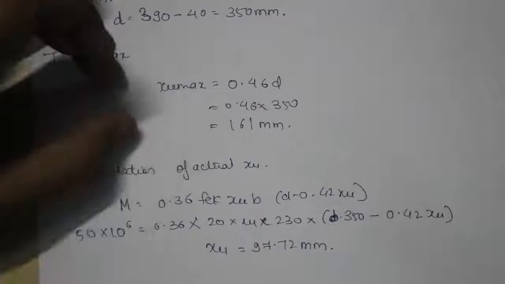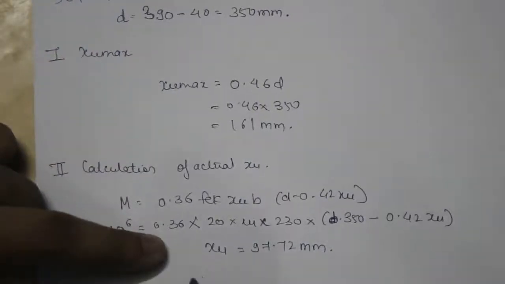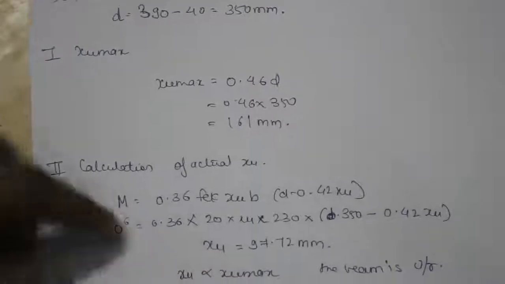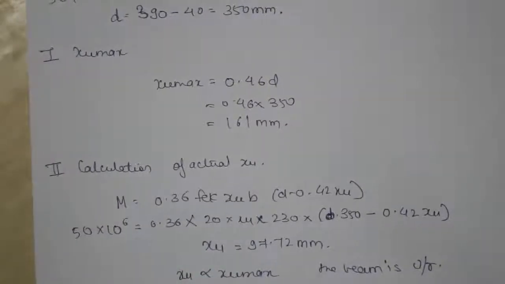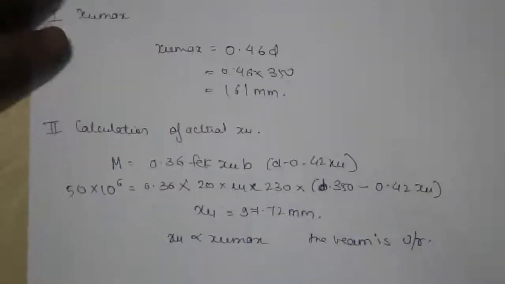So we will not use the value of xu max, but we will use the value of actual depth of neutral axis. As xu is less than xu max, the beam is under reinforced. Okay, so the next step again would be to calculate the value of area of steel. There are two ways to calculate it.